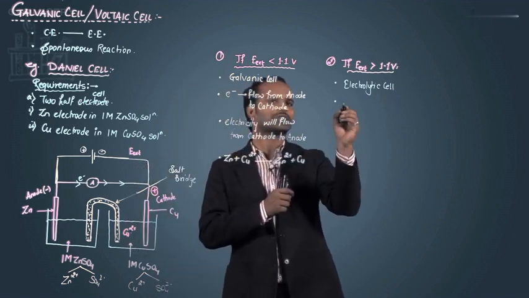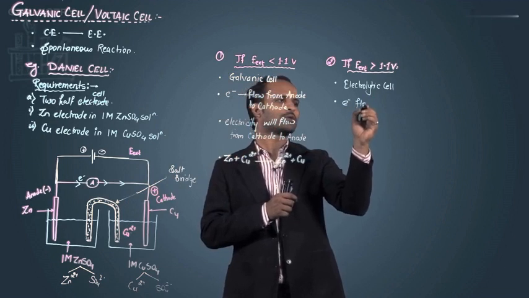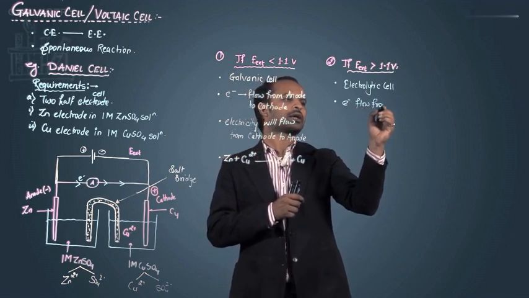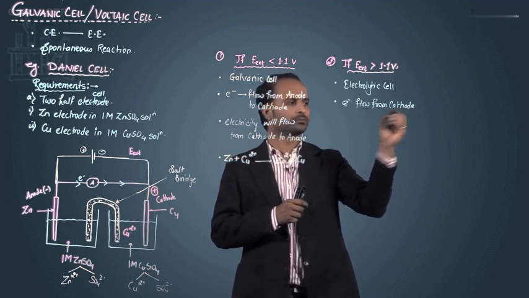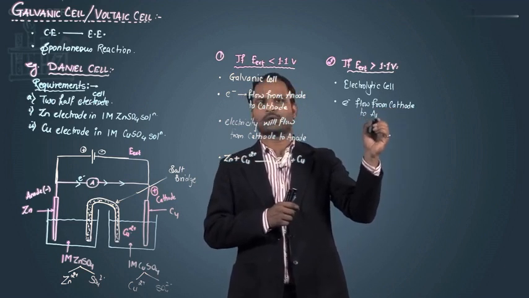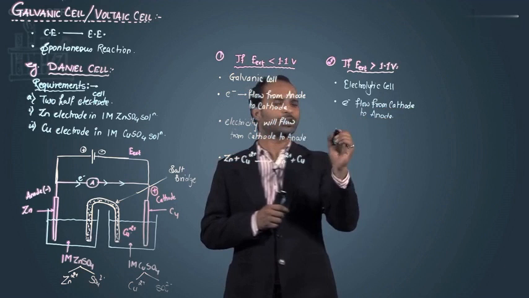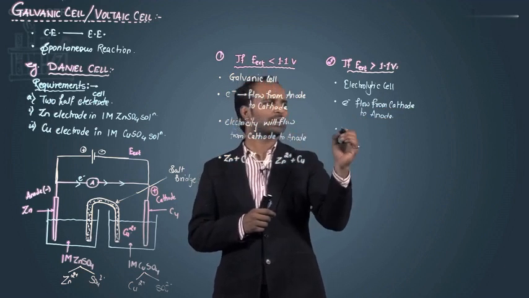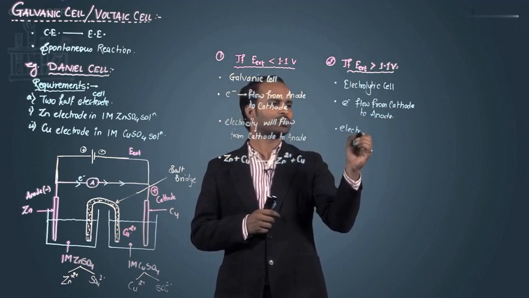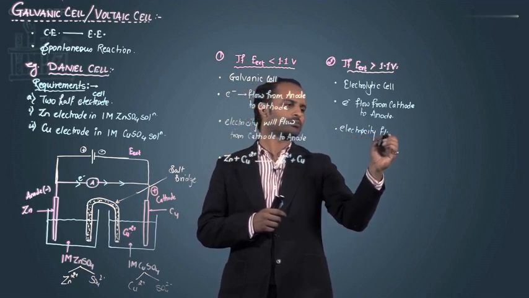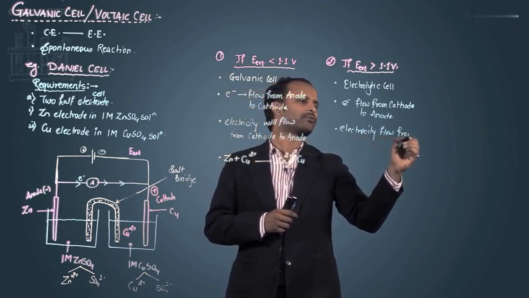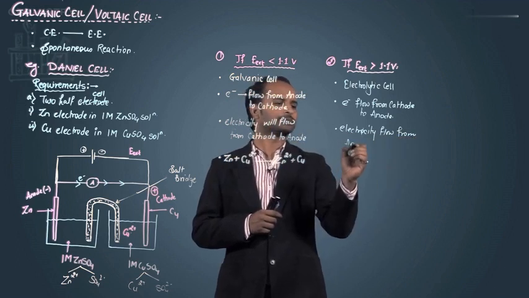That means the electron will start flowing from cathode to anode, and if the electron flows from cathode to anode, then electricity will flow in the opposite direction, from anode to cathode.